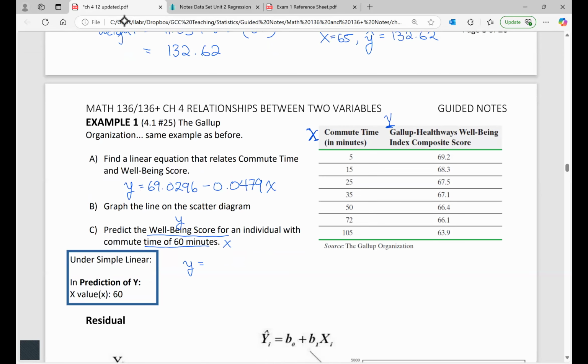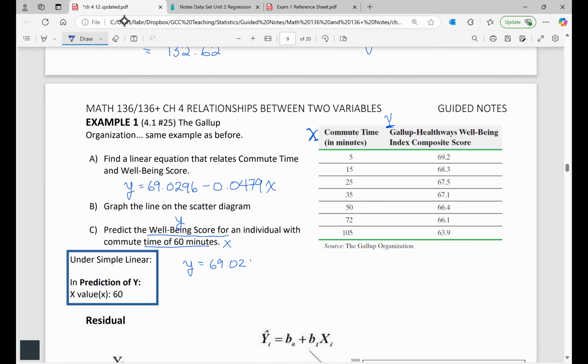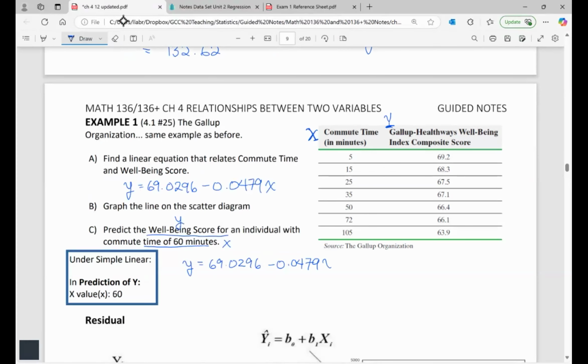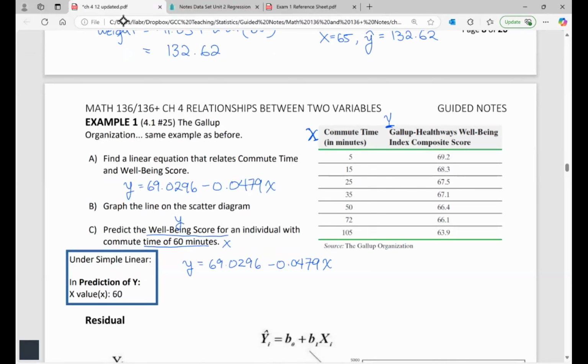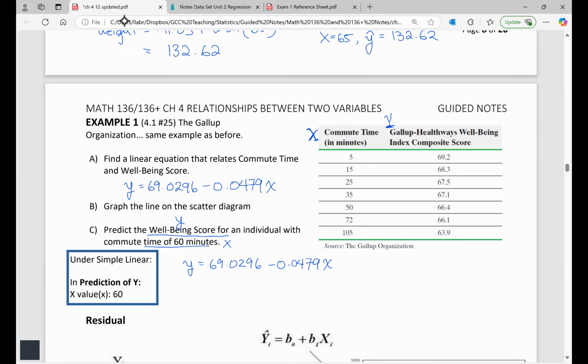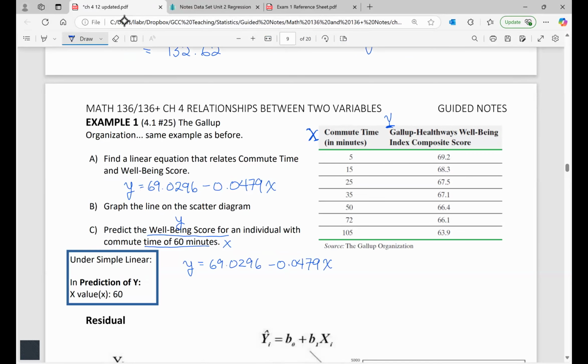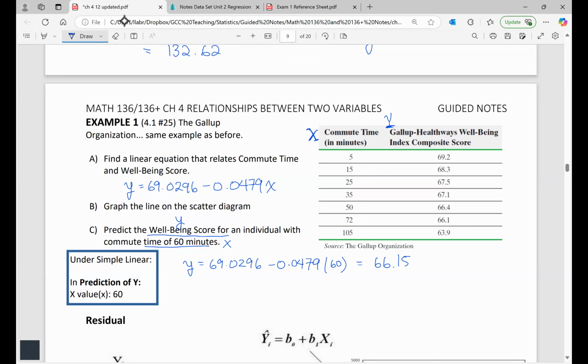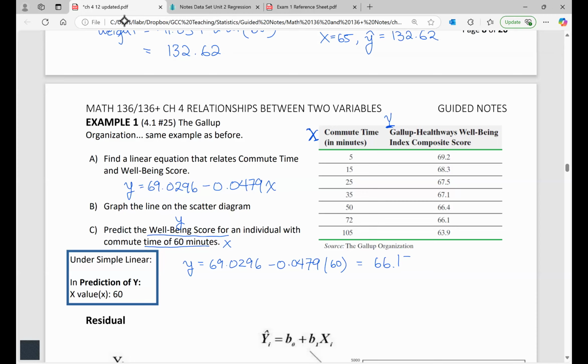So remember, you got to use your equation. And go ahead and do the same thing that we did previously. All right, so hopefully you replaced x with 60. And after throwing that into a calculator, you should end up with 66.15, roughly. Let me round to 2 decimals, 66.16, just for simplicity.